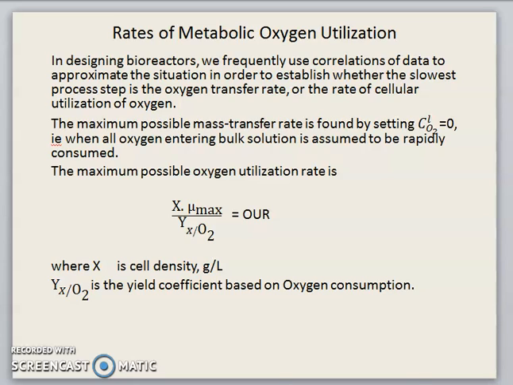So the maximum possible oxygen utilization rate can be calculated from the equation: oxygen uptake rate equals cell concentration times the maximum specific growth rate over the yield coefficient of cell concentration over oxygen consumed. So X is the cell density, and Y_X/O2 is the yield coefficient based on oxygen consumption.